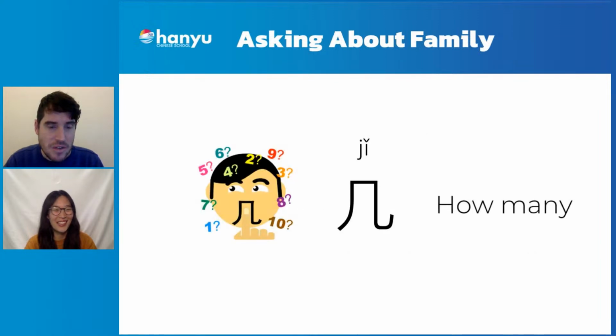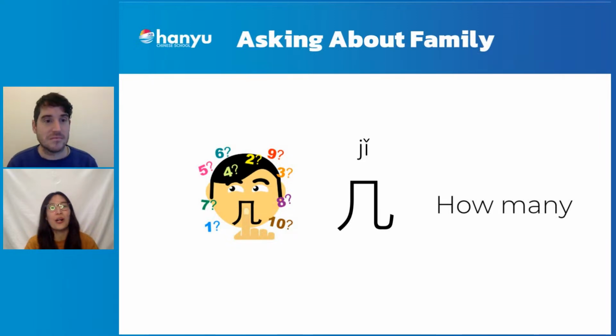But now let's go with the next one. 几. This 几, how do we use it, Melanie? 几. So we use it as a question word to ask about how many. So 几 is normally a number less than 10. But when we ask, we don't know exactly if it's less than or more than 10.